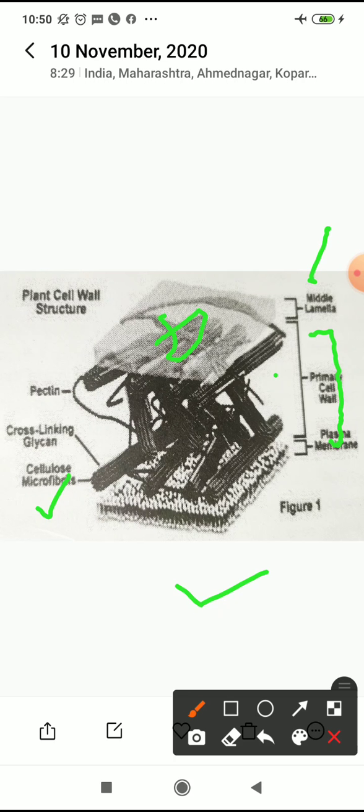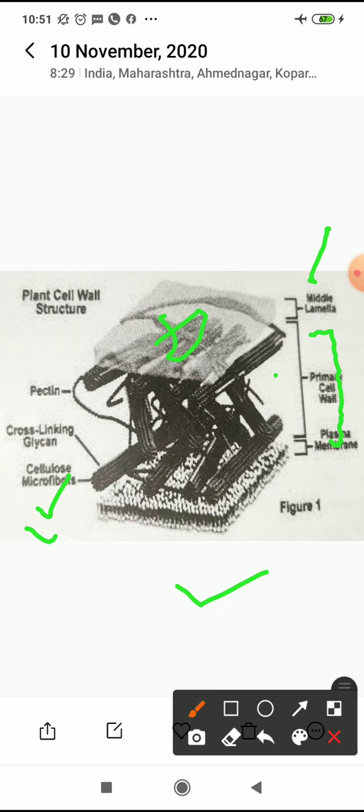So, while discussing the morphology of cell wall, one should see in the introductory part, cell wall is made up of what? What are the constituents of cell wall? So we have seen here in the ultrastructure of cell wall, which consists of microfibrillar network lying in gel-like matrix.